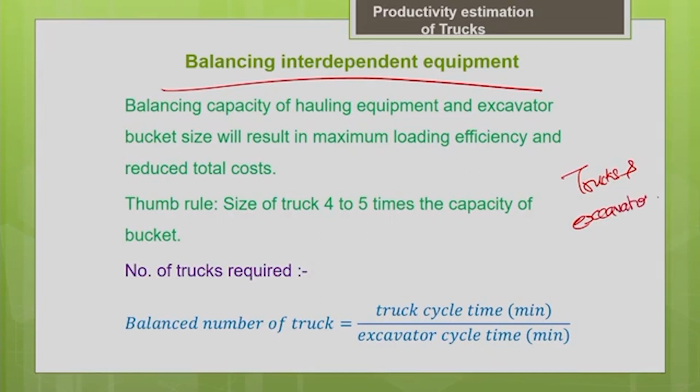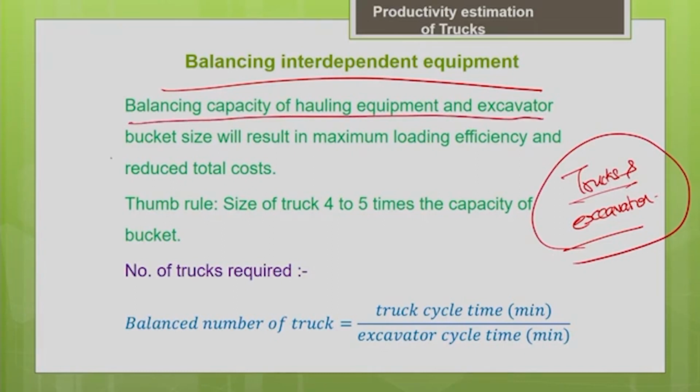Now, let us see how to balance the interdependent machines, trucks and the excavators. I hope you remember, earlier we discussed how to balance the interdependent machines, your scraper and the pusher. In a similar manner, we are going to discuss how to balance the number of trucks and the excavator. Balancing is very important. Balancing the capacity of the hauling equipment and the excavator bucket size will result in maximum loading efficiency and reduced total cost.